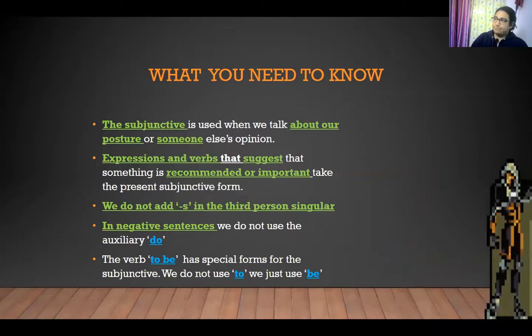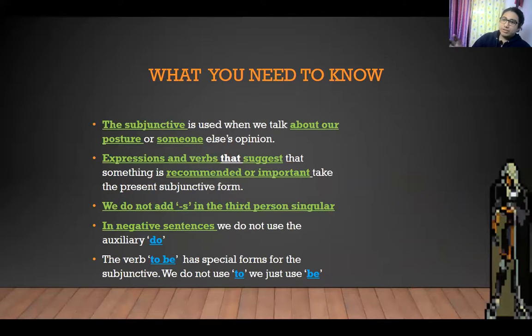We have a lot of expressions to identify this, and by watching these kinds of verbs we are going to be able to understand how and when the present subjunctive is used.